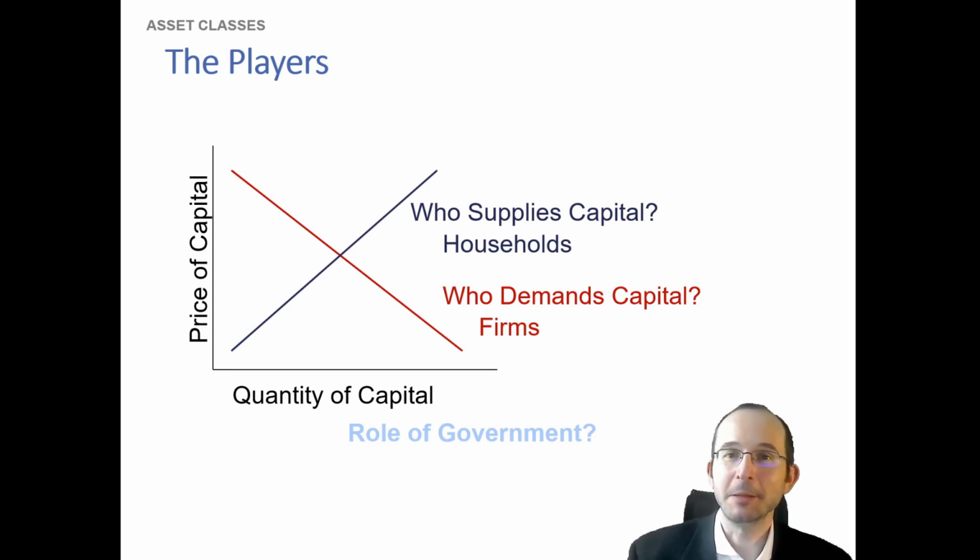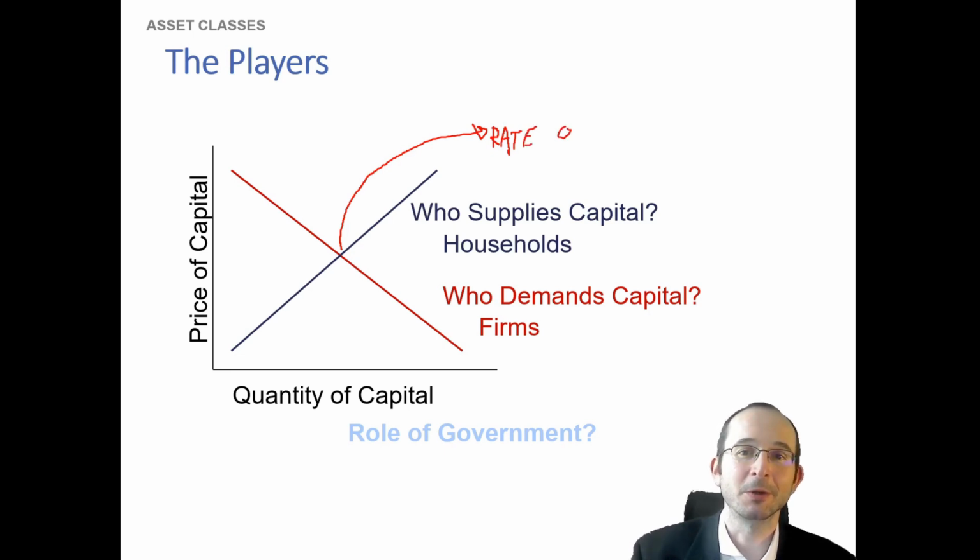And for any particular financial asset, the actual price, which is to say the required rate of return, will be defined at the intersection of supply and demand. So remember, the price is actually the rate of return, the yield on a bond, the combined dividend and capital gains on a stock.